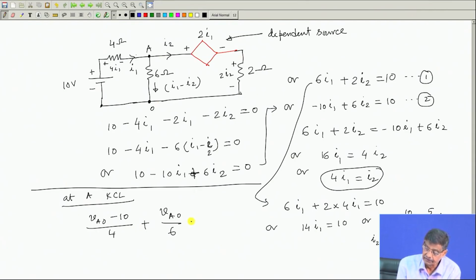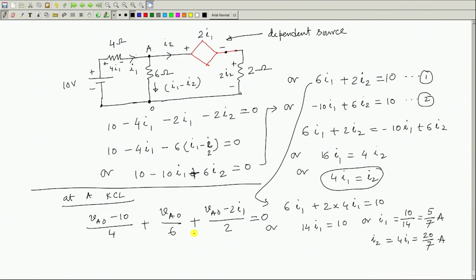This current will be, potential of this point will be V A 0, then potential of this point with respect to O will be V A 0 minus 2 I 1, and then that voltage appears across 2, this is equal to 0. This is one equation, and the other equation is V A 0 and I 1, you write some loop equations.